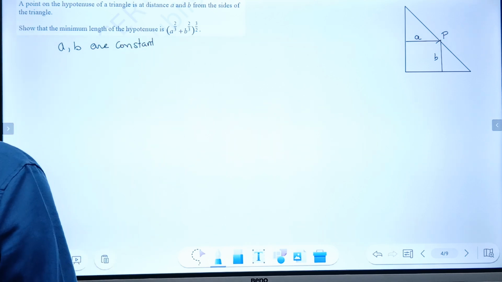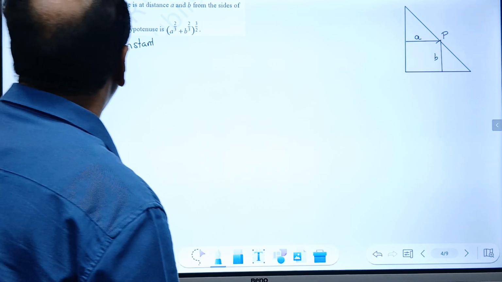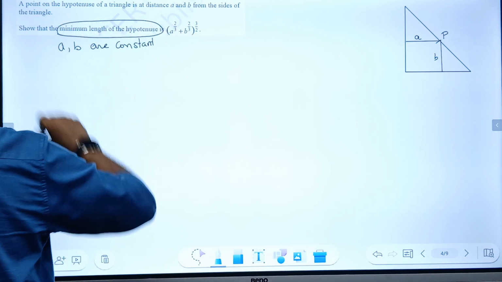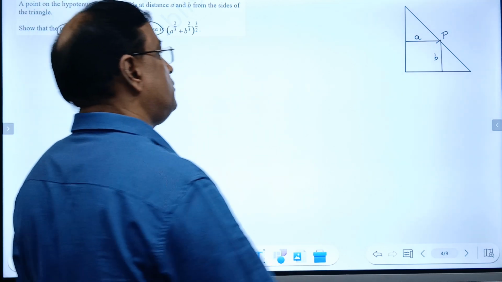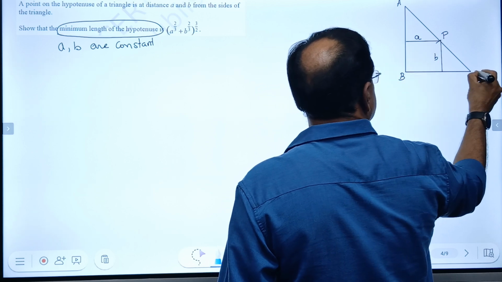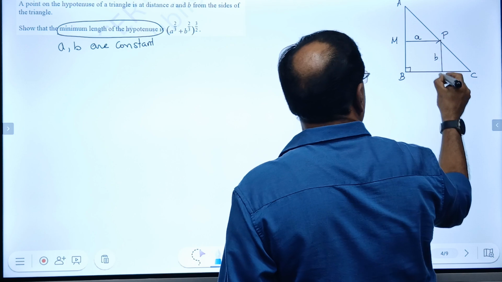Okay. Now I have to minimize what? I have to find the minimum length of the hypotenuse. So I have to minimize the hypotenuse. So first what I do, I just name it. A, B, C is a right angle triangle, and I call this as M, and I call this as N.